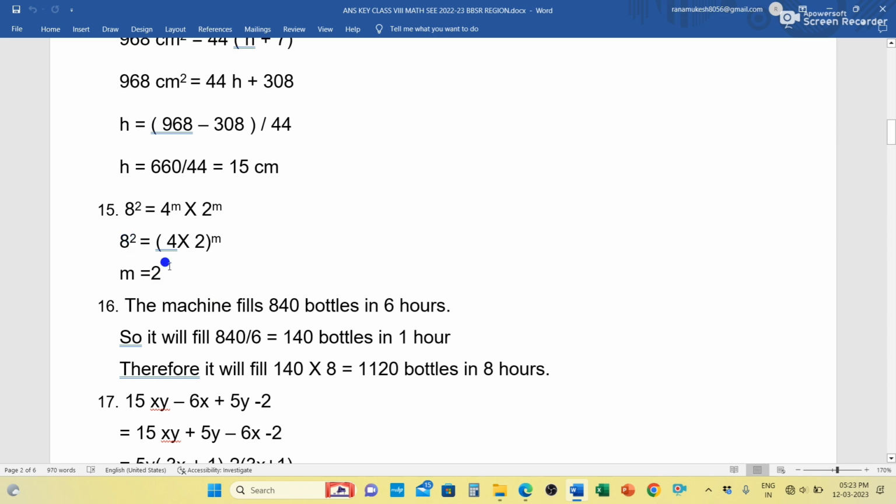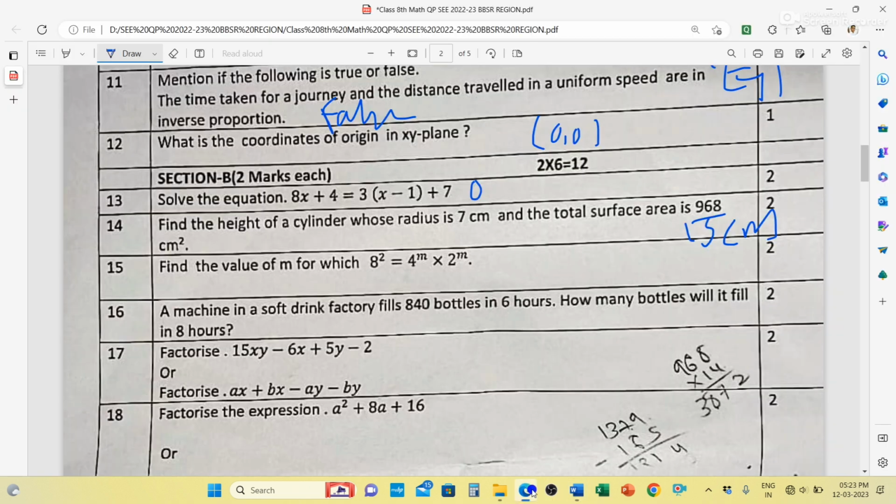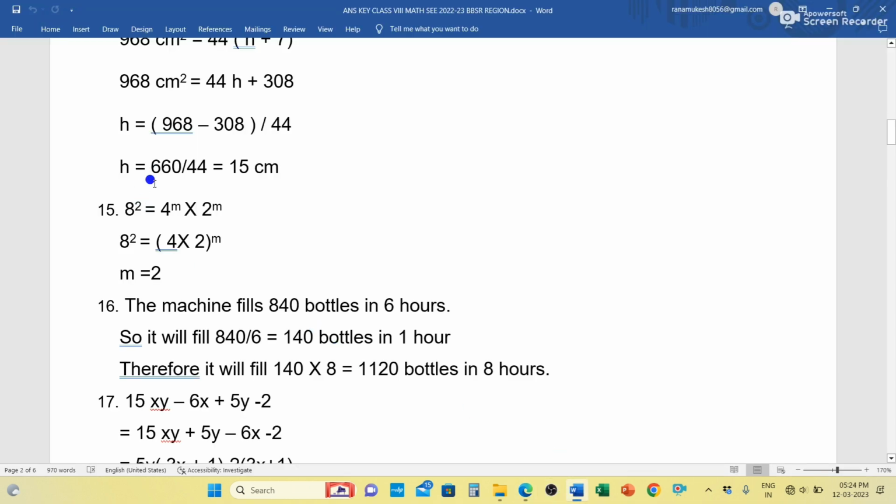You know there is a formula like this: a to the power m into b to the power m equals ab whole to the power m. So here, 4 to the power m into 2 to the power m equals 4 into 2 whole to the power m.